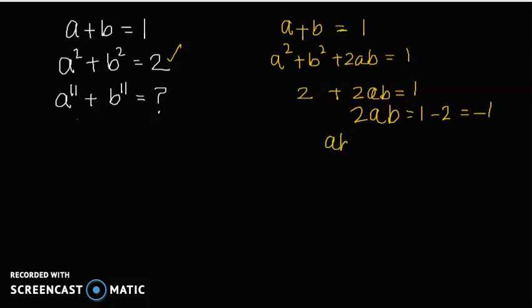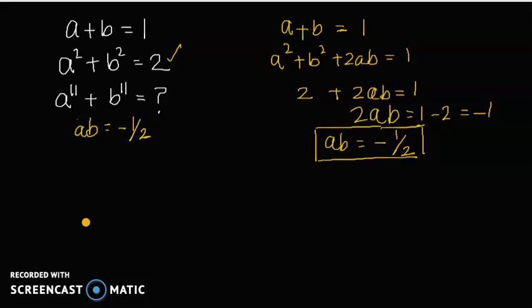Hence ab equals negative 1 by 2. This is our value of ab. I will write this value here because we will require this in coming steps. So our value for ab is negative 1 by 2. Now we will find a plus b whole cube.